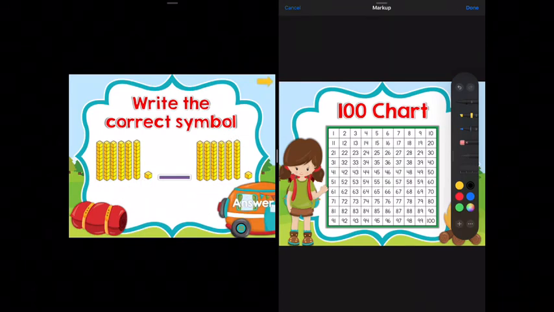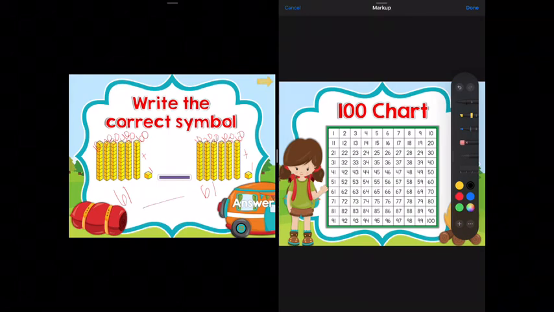Write the correct symbol. Let's count it. 10, 20, 30, 40, 50, 60 plus 1. So 60 plus 1 is 61. And 10, 20, 30, 40, 50, 60 plus 1 is 61.